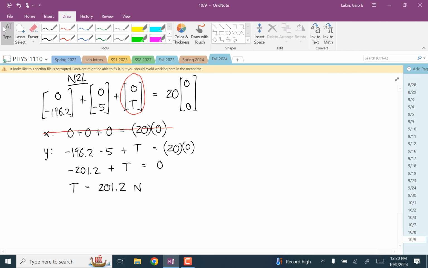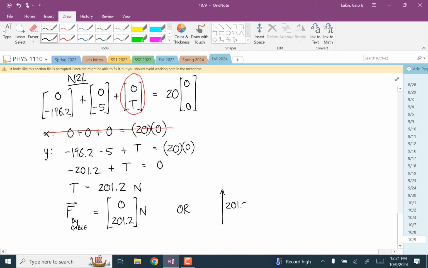Okay, so the force by the cable is equal to 0, 201.2. Or another perfectly fine way to express this is that it's in the positive y direction. So draw an arrow in the positive y direction, and it has a magnitude of 201.2 newtons.